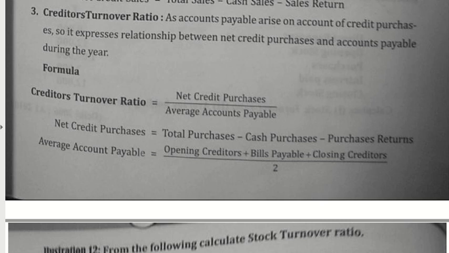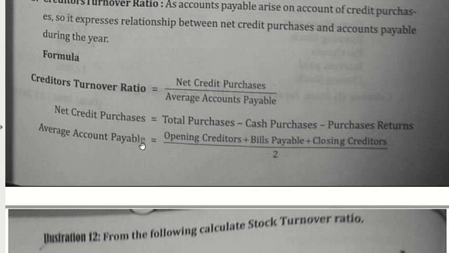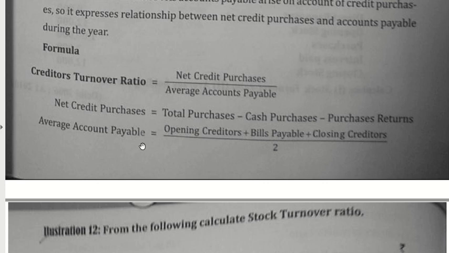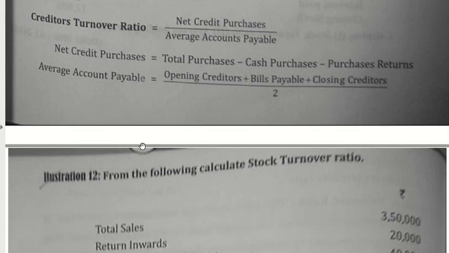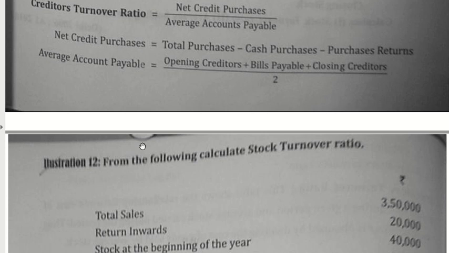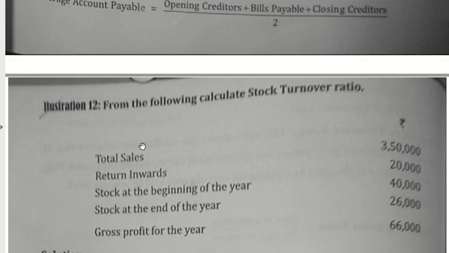So formula to calculate is net credit purchases divided by average accounts payable. So net credit purchase is equal to total purchases minus any cash purchases minus purchase returns. So your average accounts payable formula is opening creditors plus opening bills payable plus closing creditors plus closing bills payable divided by 2.